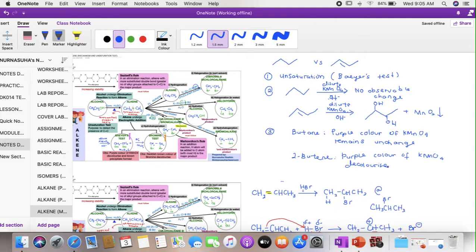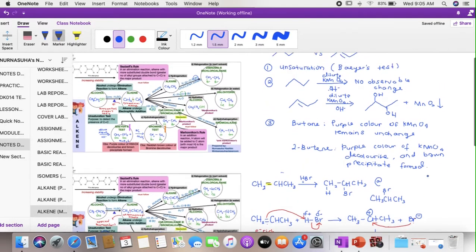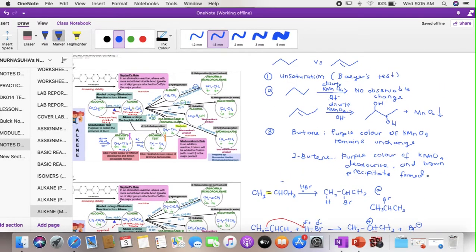When reaction happens, purple color will be decolorized, and brown precipitate form. Okay, that's it for unsaturation test.